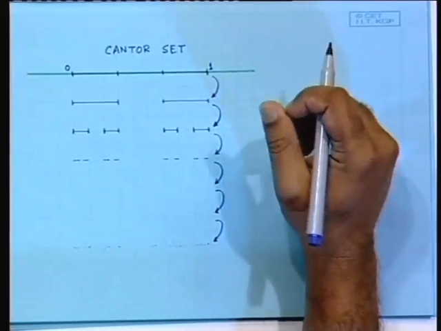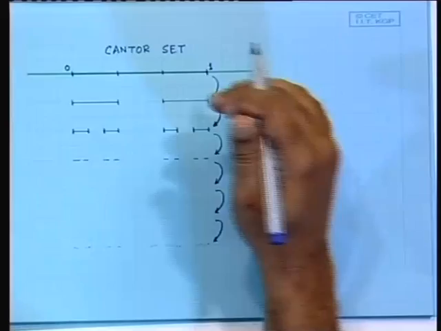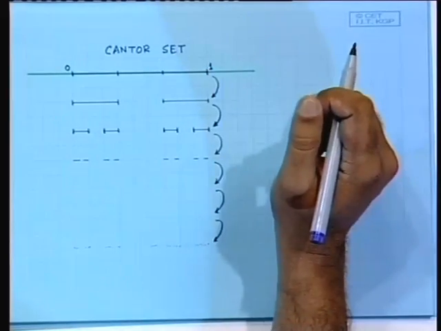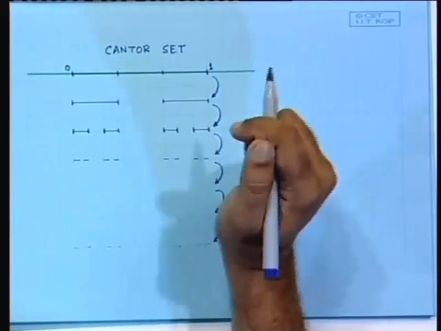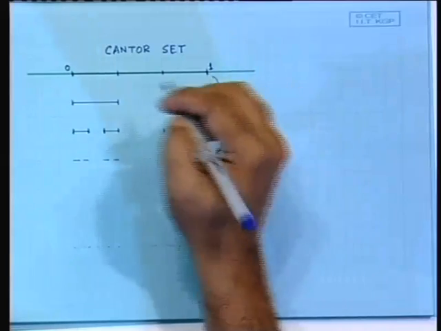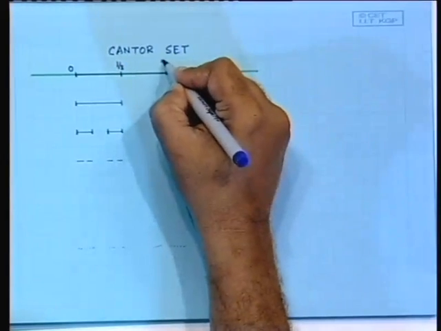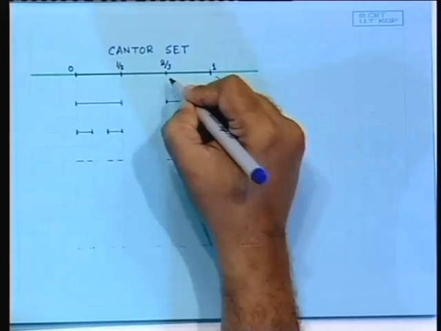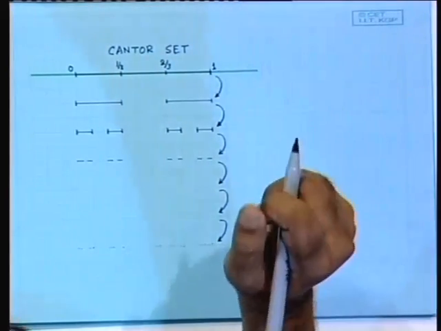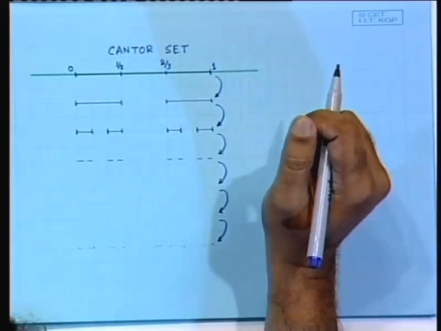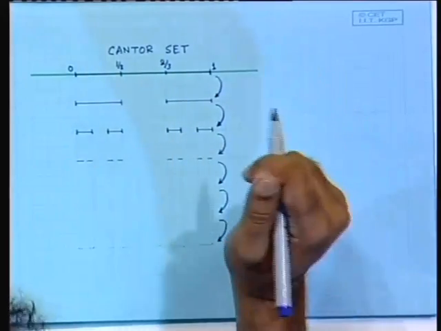But it is not difficult to see that if we subdivide this 0 to 1 range into boxes in a different way, into boxes of size 1/3, 0 to 1/3, 1/3 to 2/3 and 2/3 to 1, then we have some advantage. What advantage? Let us see.